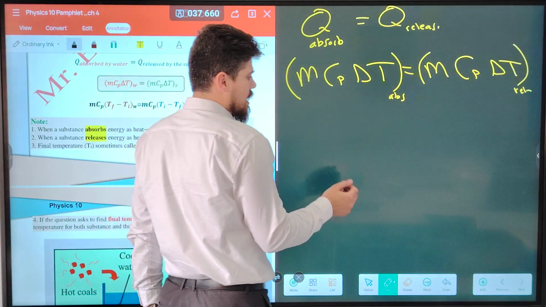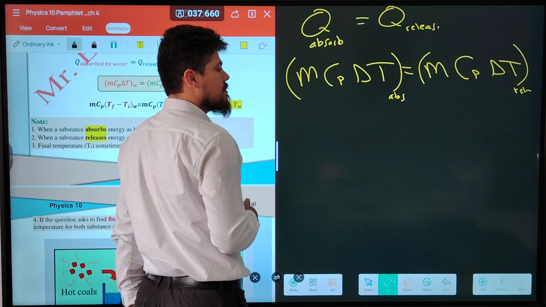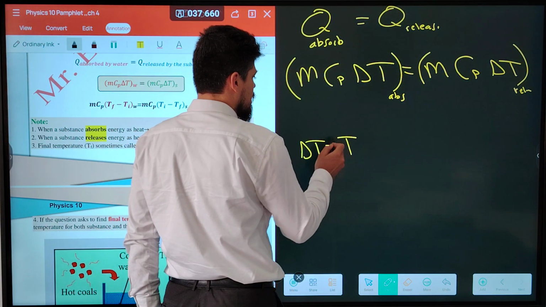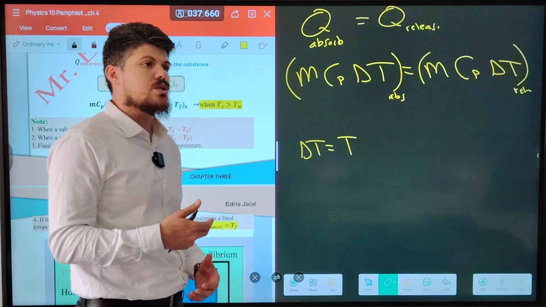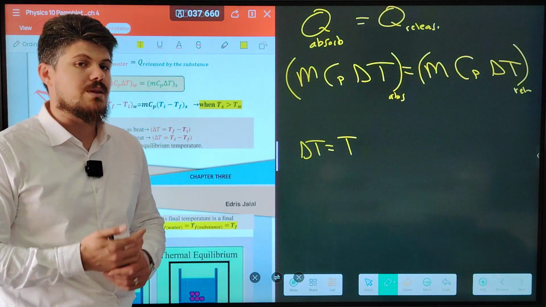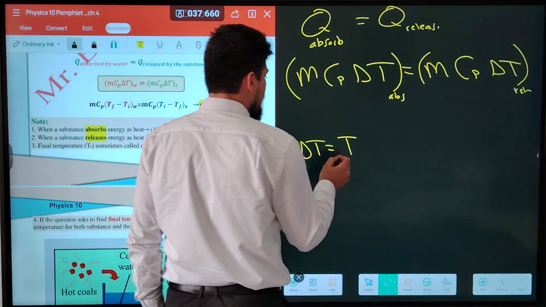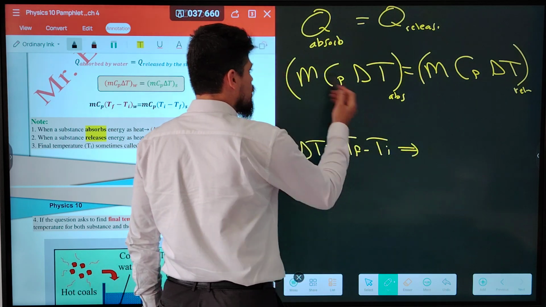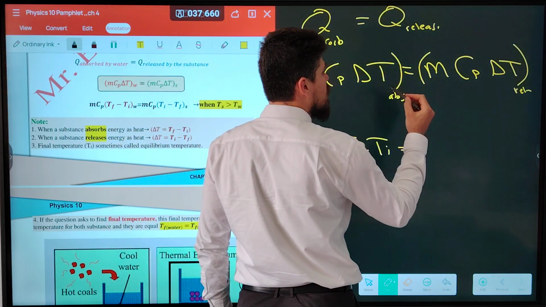For the substance absorbing energy, delta T is equal to what? This is just to make the question easy to understand. This is not scientifically rigorous. Be careful. Delta T is equal to T final minus T initial for the absorbing substance.